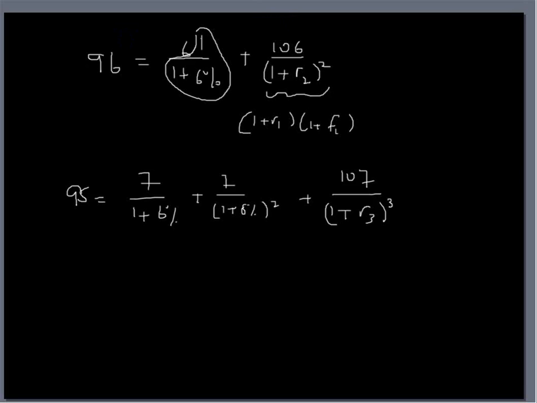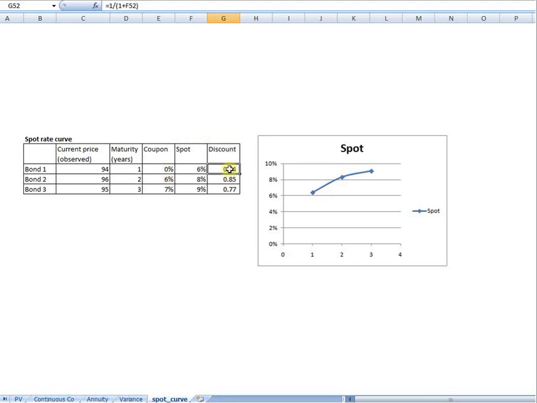This is simply 6 multiplied by 1 over 1 plus 6%. This is simply 106 multiplied by 1 over 1 plus r squared. And this one is simply 107 multiplied by 1 over 1 plus r3 to the power of 3. So this discount rate is simply 1 divided by 1 plus the spot rate to the number of years.